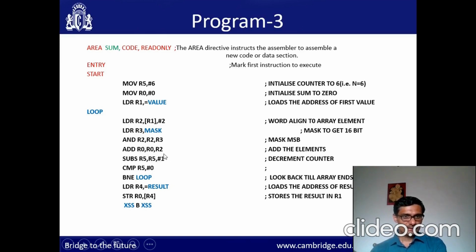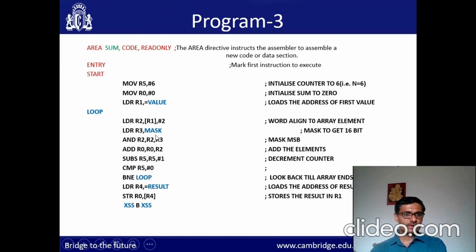Then subtract. Here, what you are doing is decrementing the counter value by 1. So decrement the value of R5 by 1. R5 was 5. Now after the execution of this instruction, it becomes 4. The new value of R5 is 4. Again compare here. R5 is not equal to 0.